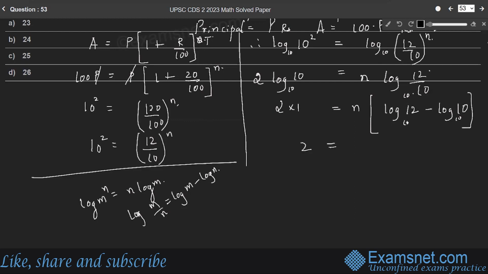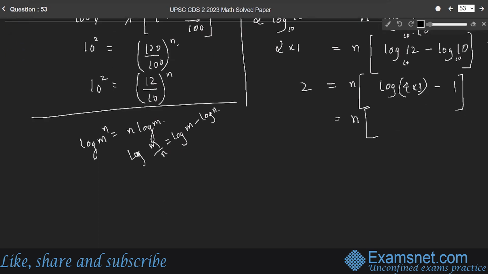Therefore, 2 is equal to n into log 12, which can be written as log of 4 into 3, right? Minus log 10, whose value is 1, right? Log 4 into 3 can be written as log 4 plus log 3, because log mn is equal to log m plus log n, right?